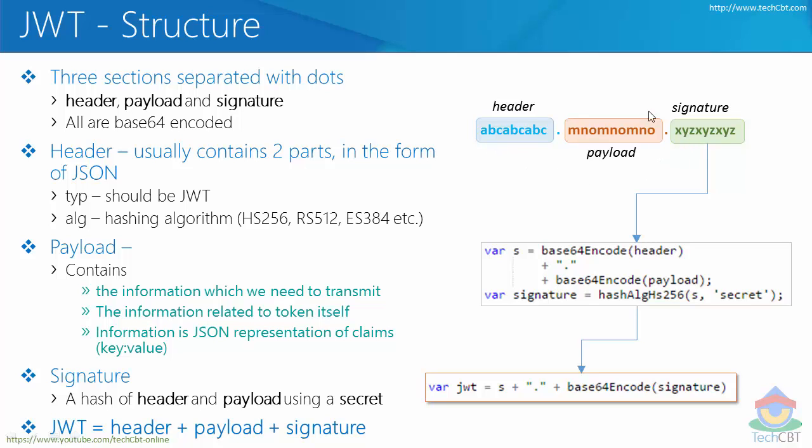Whenever you verify it, you have to ensure that the latest header plus payload you have received is tested against the signature, and as long as they match, the token is valid. If they do not match, the token is invalid.